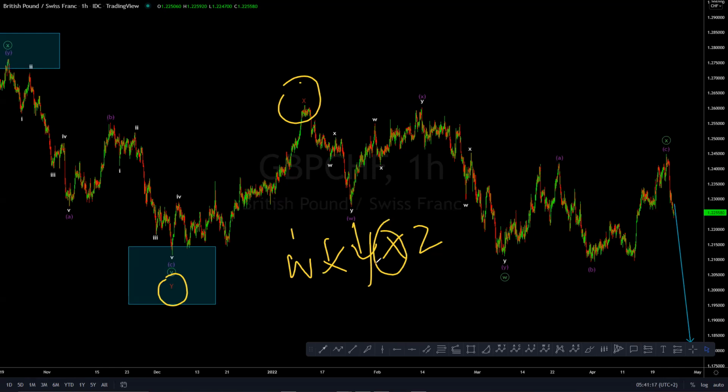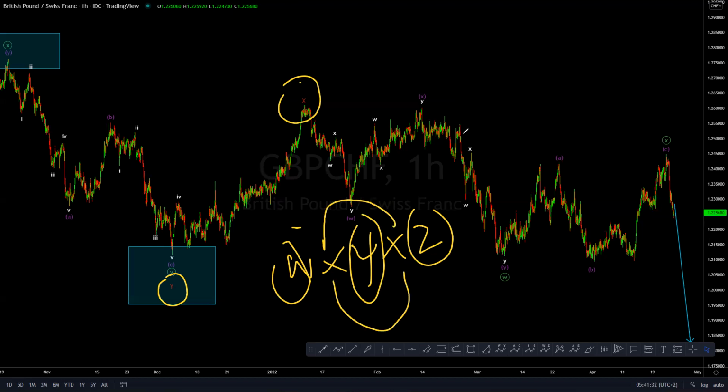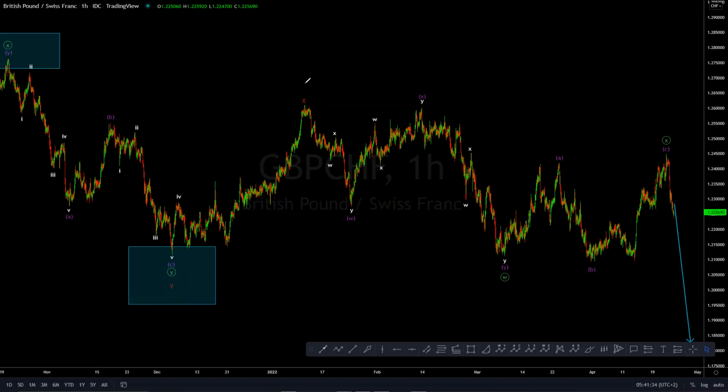We have completed an X. We are now within the last corrective structure. So WXYXZ is a combination of 3 corrective structures. It's a W, a Y, and a Z, and they are connected by X's. So we have this connector, and we are within the last corrective structure, Z in the red degree.